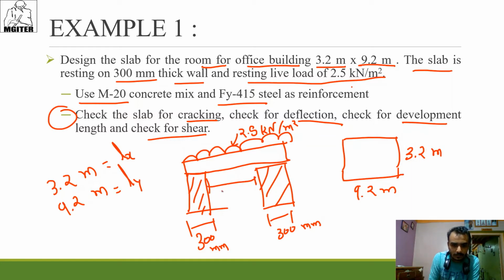If here is a wall, then this is 9.2 and this is 3.2.